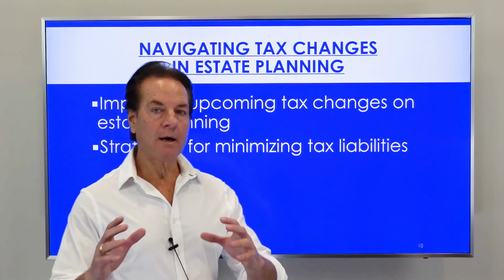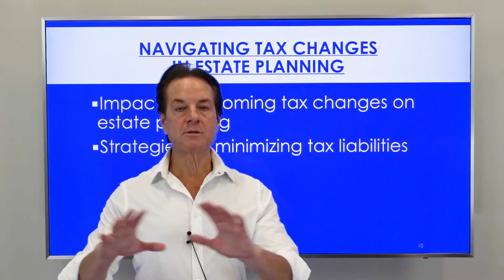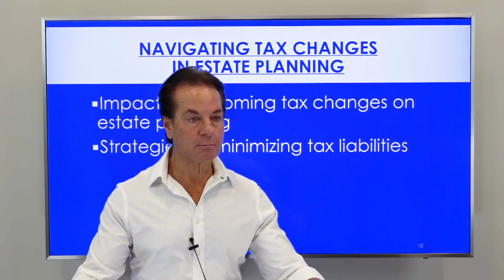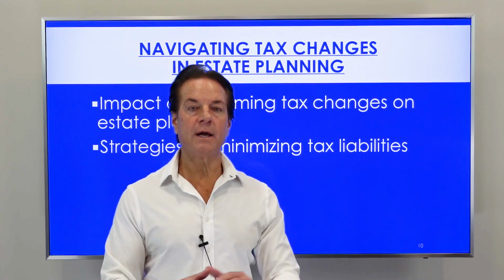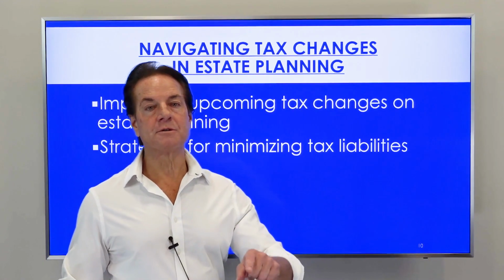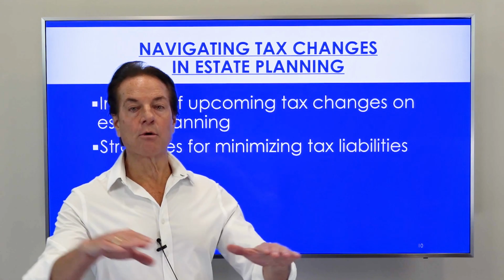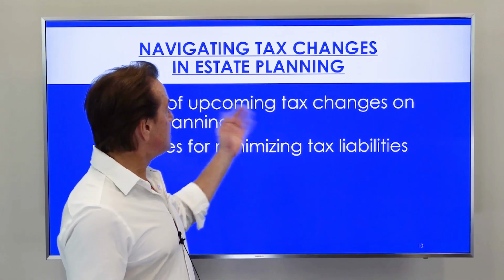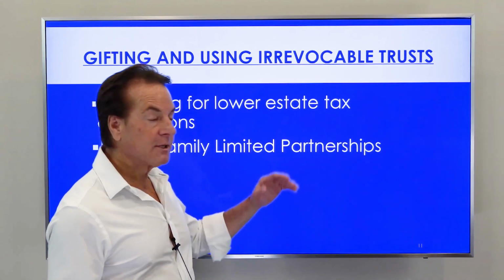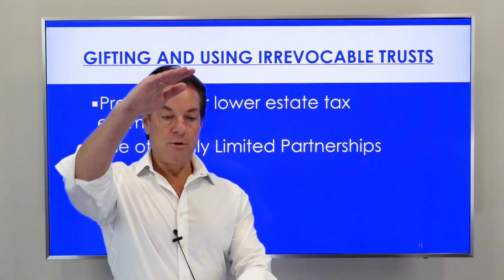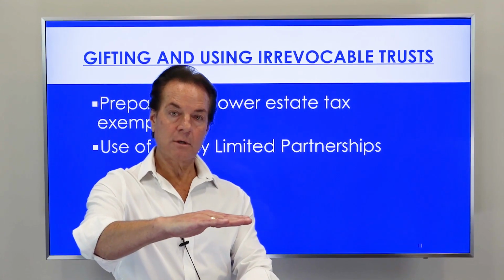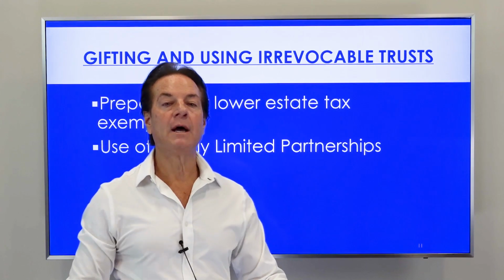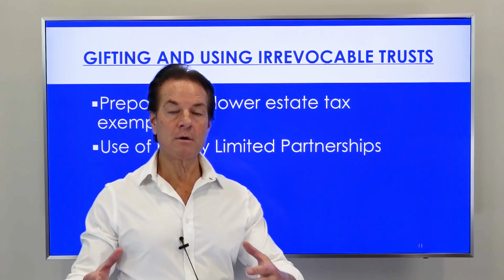What does this help with? If you own a bunch of land or your family has some land and it's highly appreciated, you don't want to force the sale of that land if it happens to go over the estate limit. And you can actually put it into a family limited partnership. You remove part of your $13 million, whatever it's worth at the time, you could make a family limited partnership.